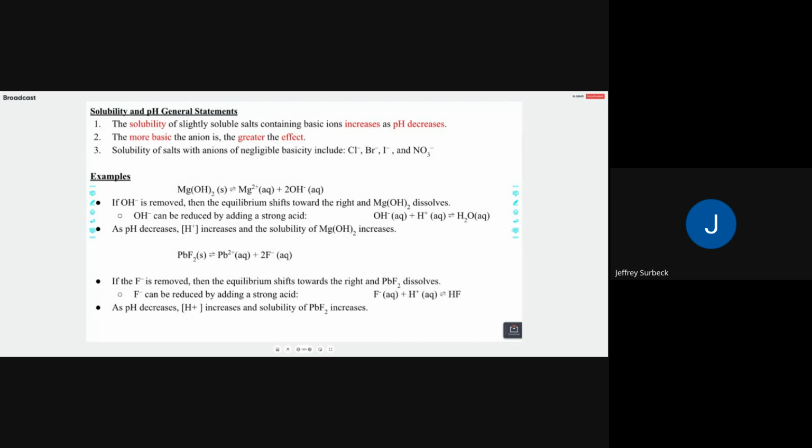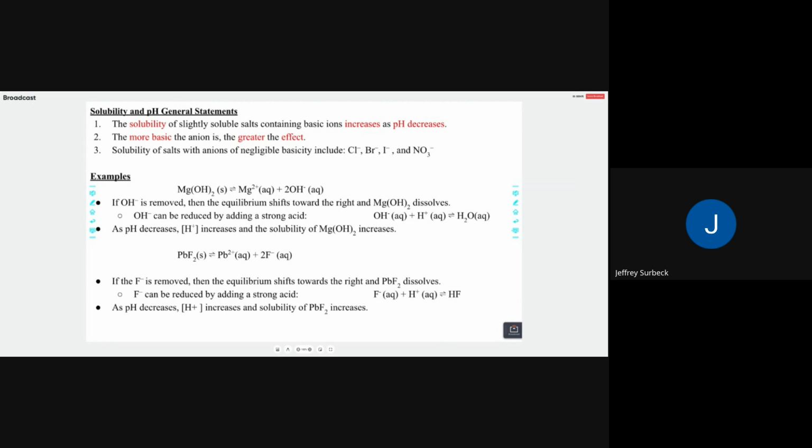I give two examples here. I'm really not too worried about going over these in depth, but again, magnesium hydroxide, that's definitely a strong base. And so as your pH decreases, your amount of H plus increases. What that means is you're going to be more acidic, more H plus is going to be involved, which means more of that base can be dissolved.